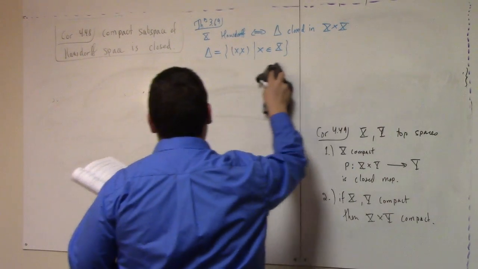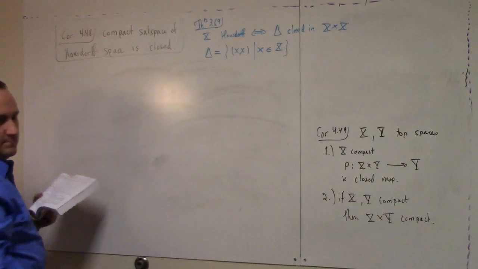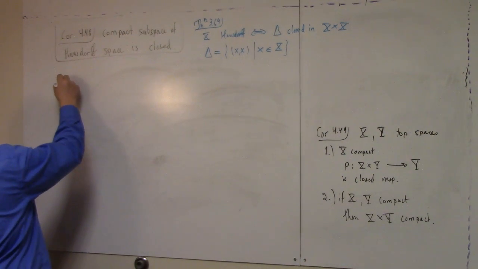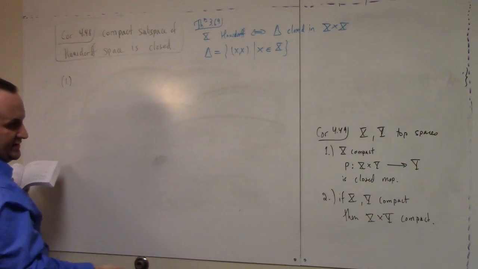Okay, so how do we prove one? We suppose X is compact, right?